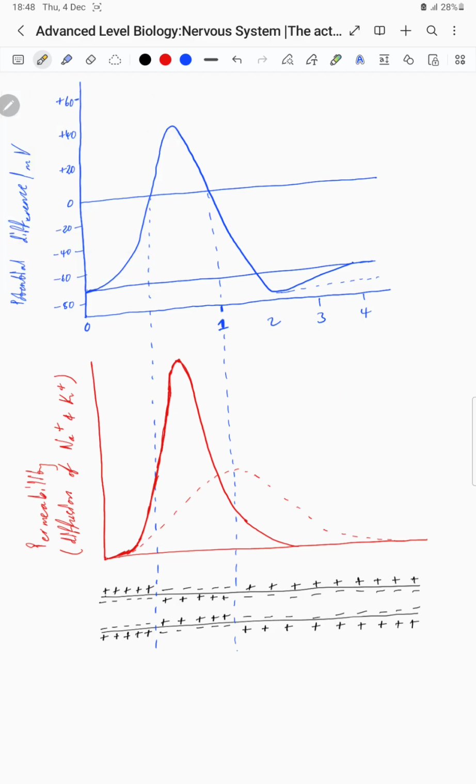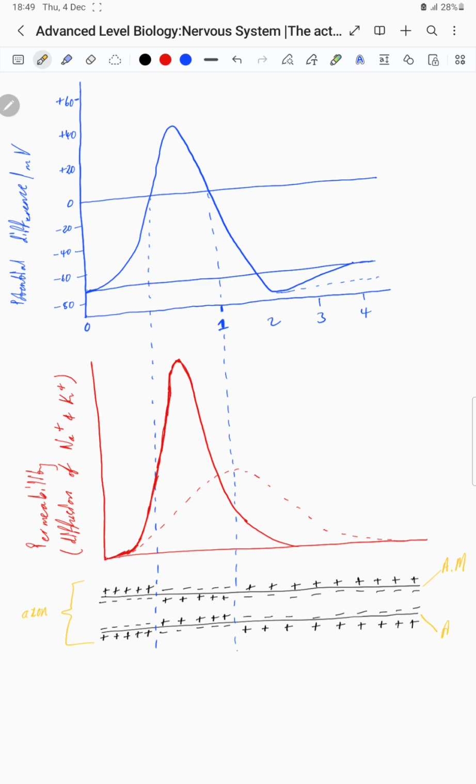So here, let's start with this at the bottom. This is our axon. We've just taken the axon part. This is the axon membrane.